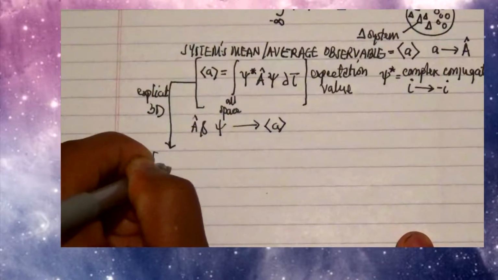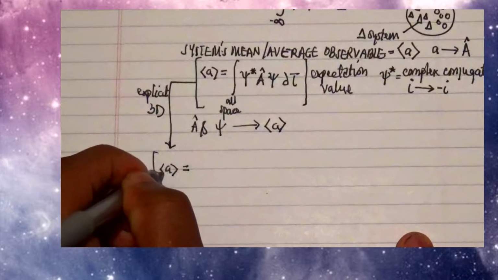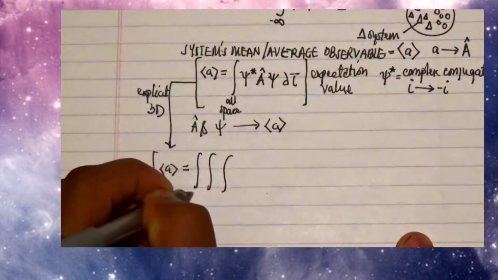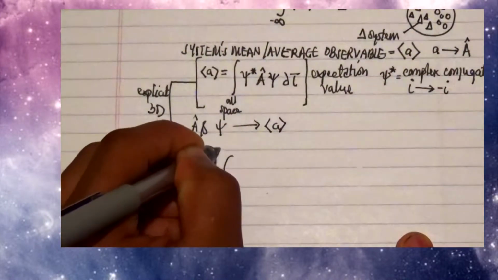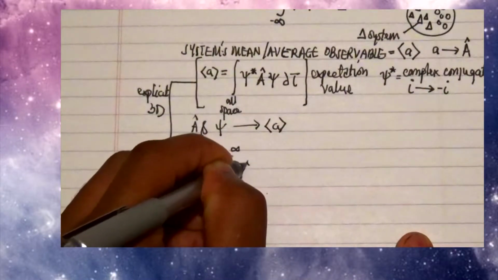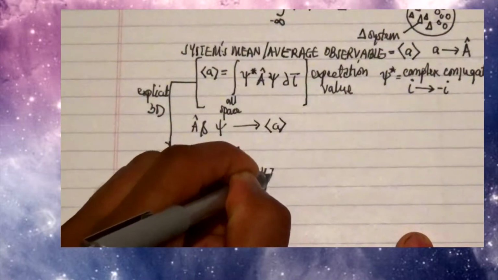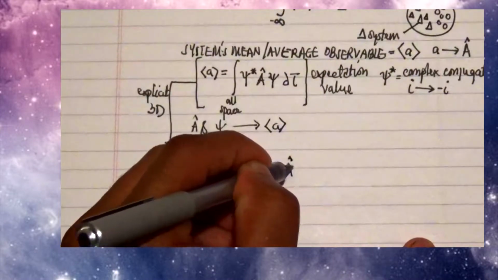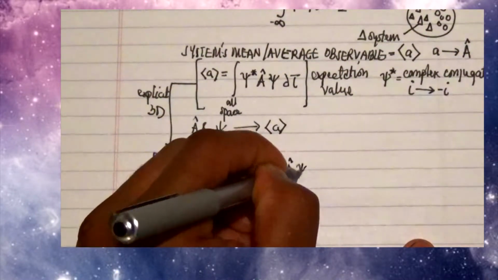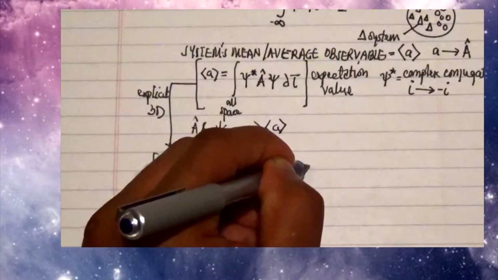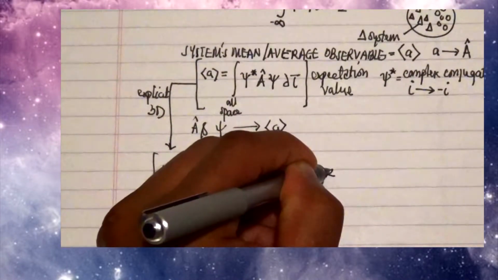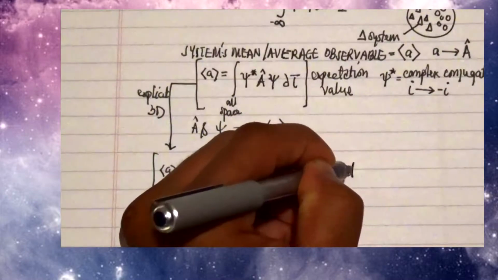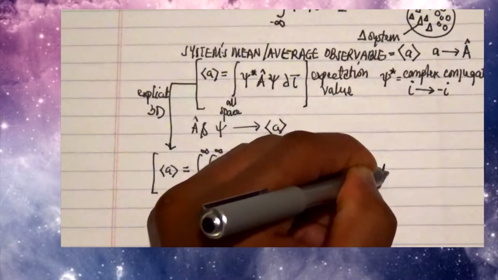A, the mean or average observable, is equal to three integrations, all from negative infinity to positive infinity, of our complex conjugate with respect to x, y, z, and our A on the other side, which is our operator, applied to our regular psi, which has its own x, y, z, and all this is with respect to dx, dy, and dz.